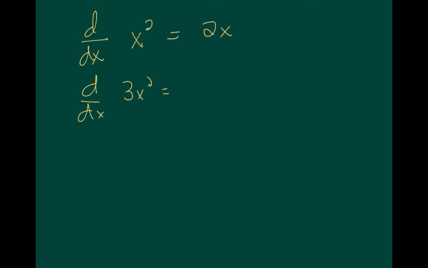But let's think of it a little differently. Now we're going to say that that's the same as 3 times the derivative of x squared. So that's going to be 3 times 2x, which is 6x. Okay, it's not a big deal, but it's another way of thinking about it.